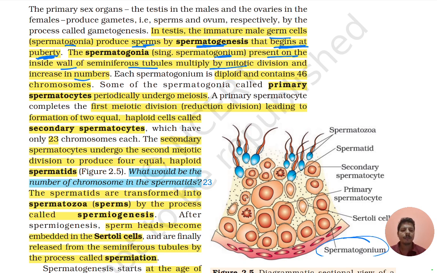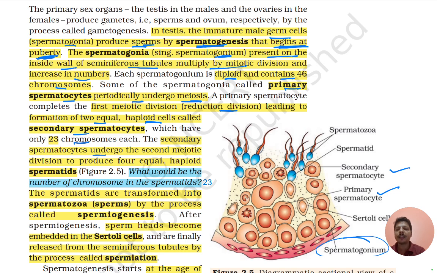Each spermatogonium is diploid in nature and contains 46 chromosomes. Some spermatogonia are called primary spermatocytes, which periodically undergo meiosis. A primary spermatocyte completes the first meiotic division, that is the reductional division, leading to the formation of two equal haploid cells called secondary spermatocytes, which have only 23 chromosomes each.